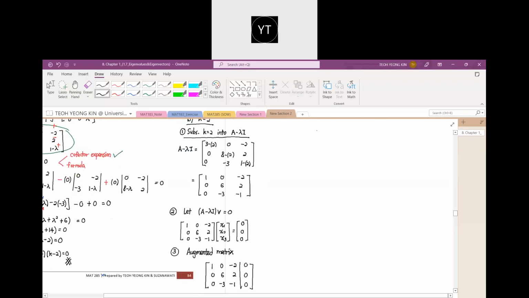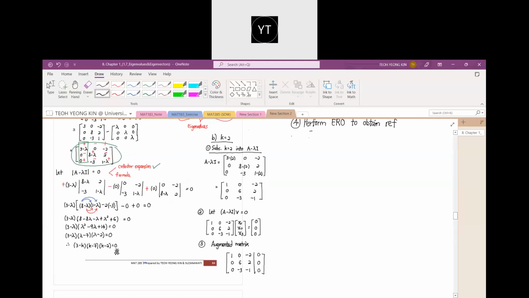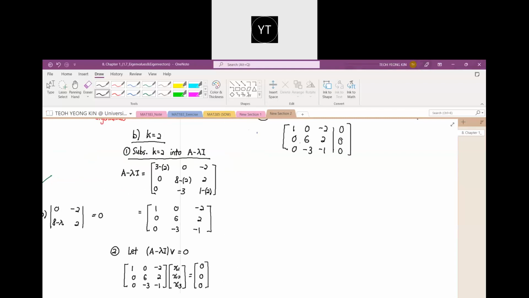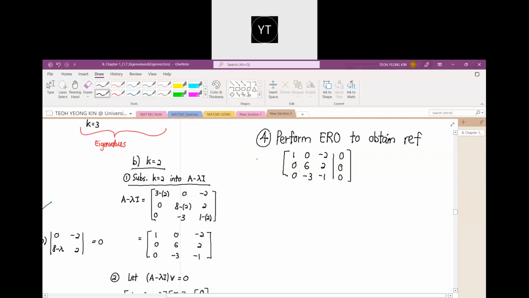So again, I rewrite this one. Let's say here is 1, 0, negative 2, 0, 6, 2, 0, negative 3, and negative 1. Here is 0. So you can clearly see that in the first column.